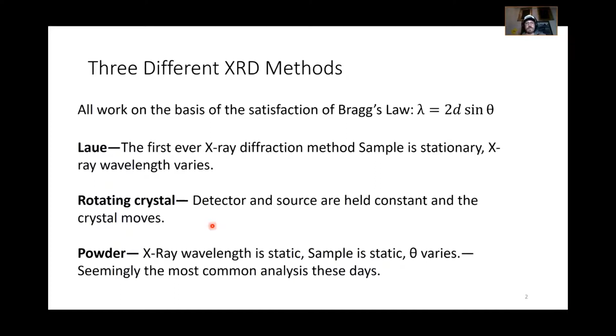The X-ray wavelength is static, the sample is static, and theta varies. Powder X-ray diffraction seems the most common analysis, although there are several Laue single crystal diffractometers, there's even one on campus, so I should be careful with that statement. But powder X-ray diffraction I do feel is the most common.